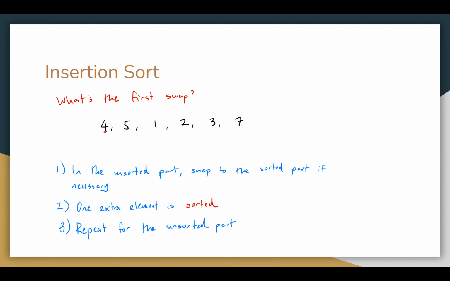So starting from 4, 4 is just 4, and next up is 5. 5 is greater than 4, so this is right, and this is sorted. But then if we go to 1, 1 is smaller than 4 and 5. So we're going to move 1 to the left twice.